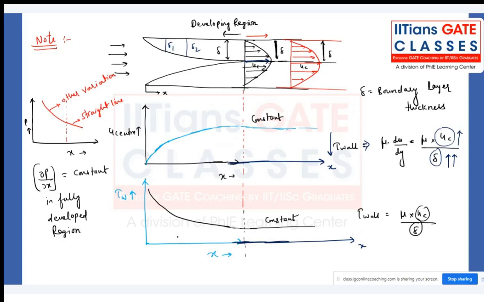Why will it be constant? Why is ∂p/∂x constant? Because the u centerline velocity is not changing in the developed region, but in the developing region the u centerline velocity keeps on changing. So ∂p/∂x will also start changing accordingly.